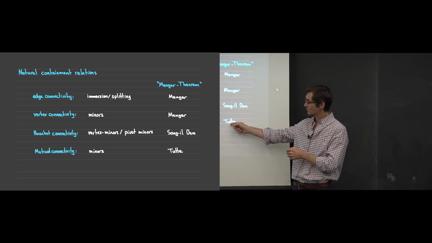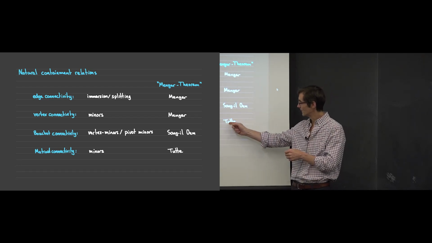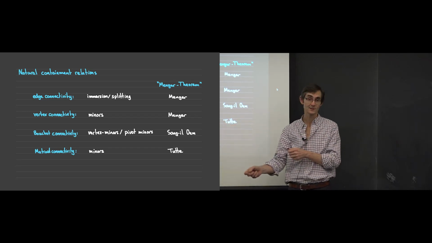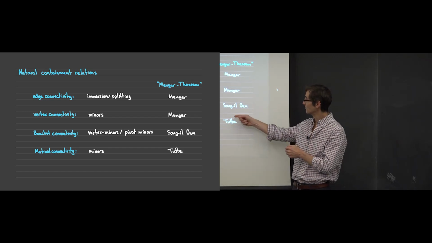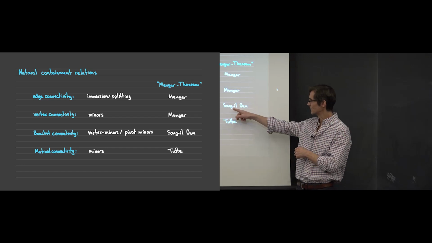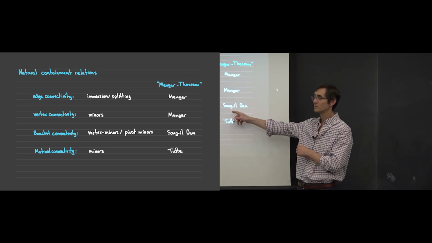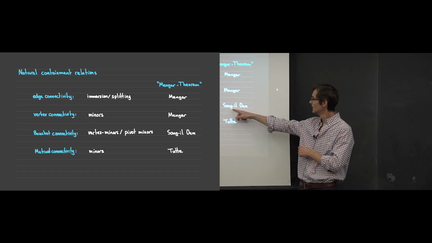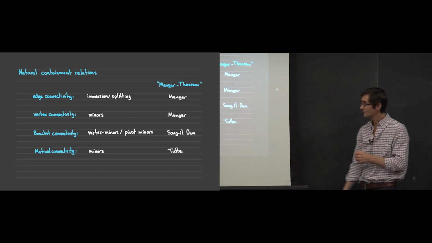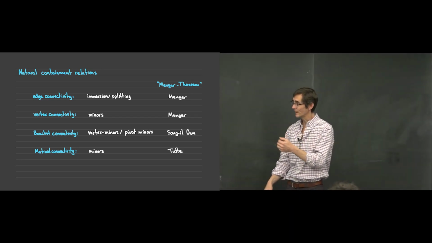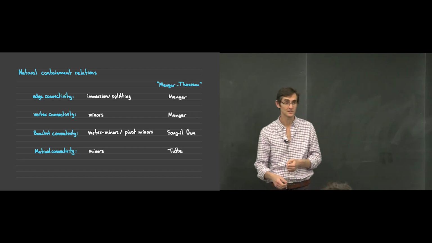In the 60s, Tutte proved a version of Menger's theorem for matroids. And much more recently, maybe 2010 or so, maybe a bit earlier, 2006, I think Seymour and Geelen proved versions of Menger's theorem for vertex minors and pivot minors.